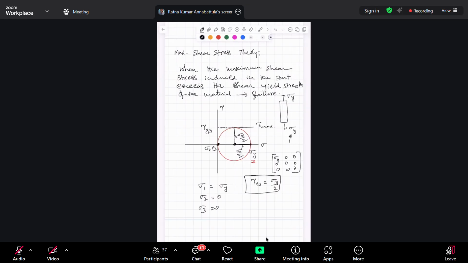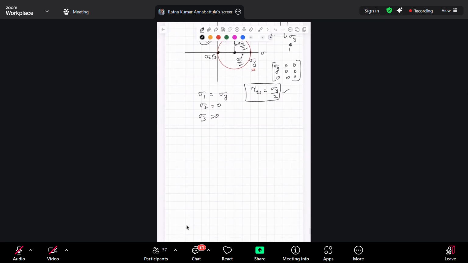If I am applying a uniaxial tension test, then the maximum shear stress induced corresponding to the yield point is the shear yield strength, which is one half of the normal yield strength.